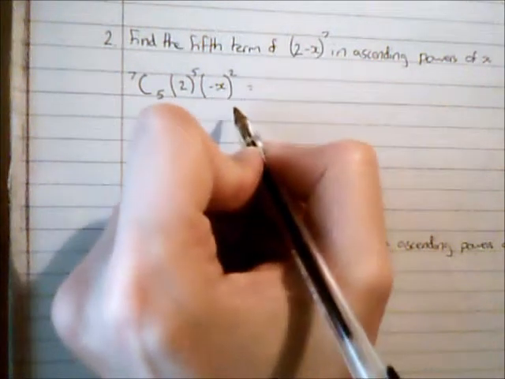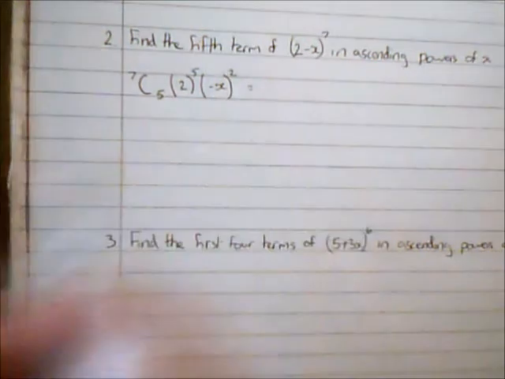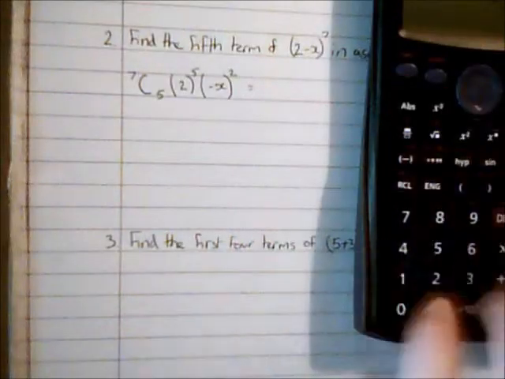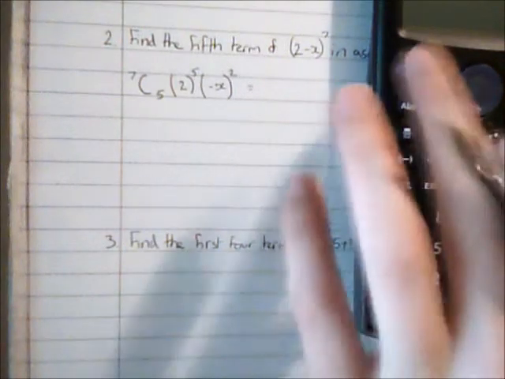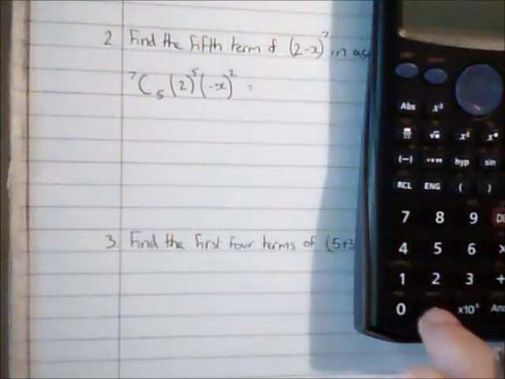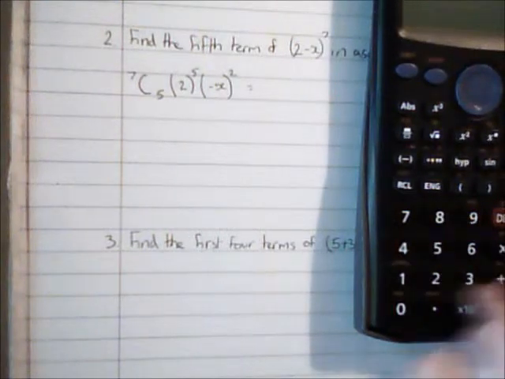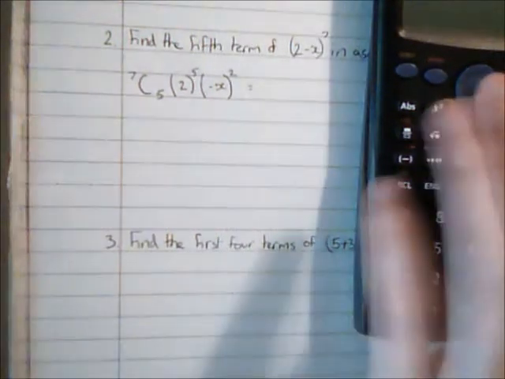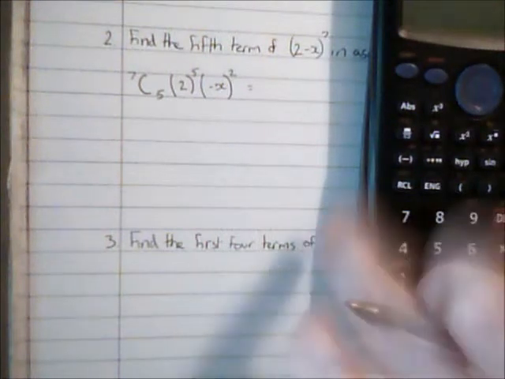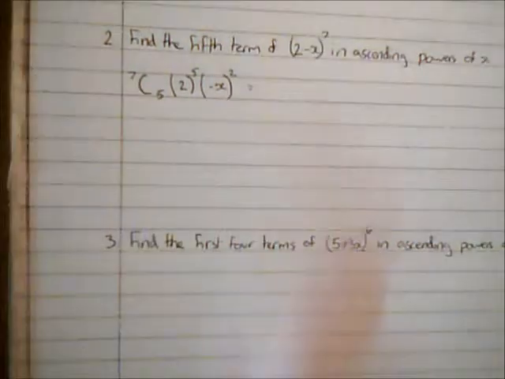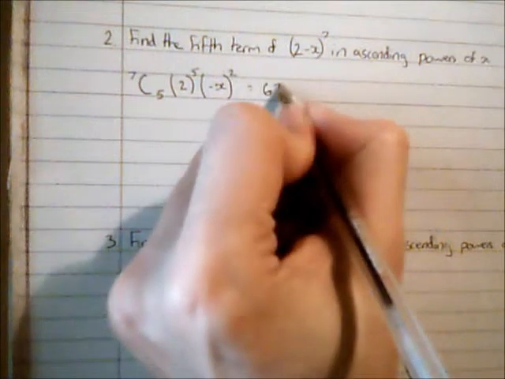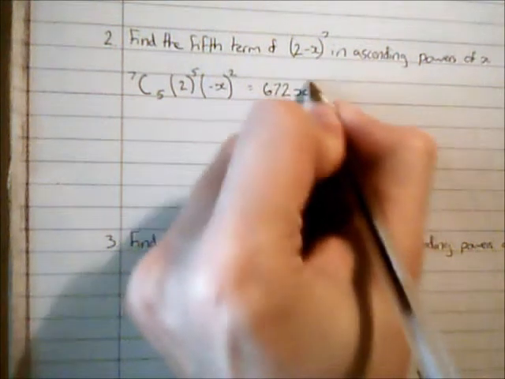So negative x squared is just going to give me x squared. So I can just evaluate the rest of it. So 7C5 multiplied by 2 to the power of 5 is 672. So that is 672x squared.